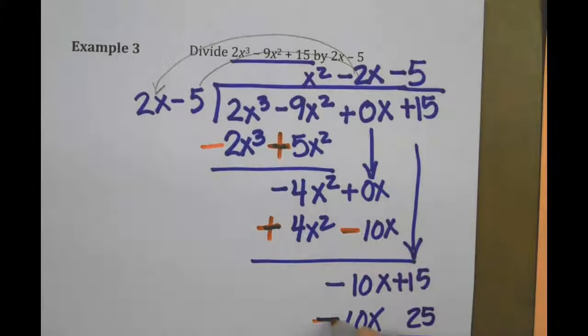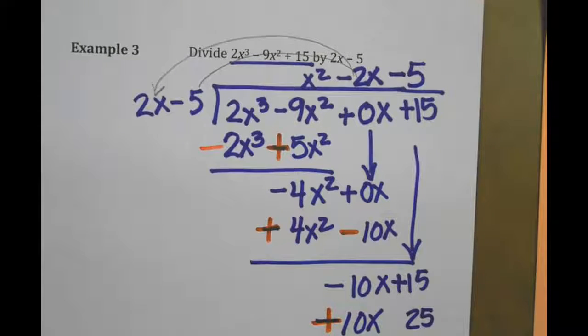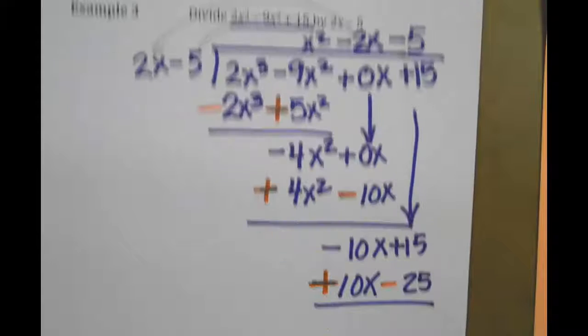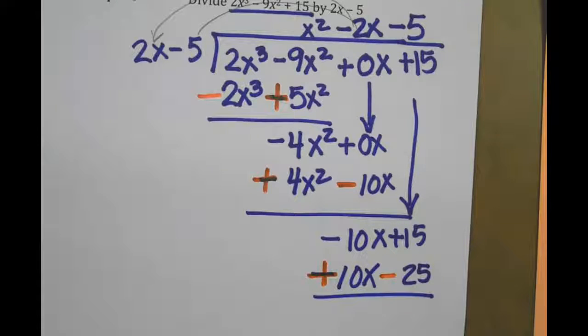To subtract a negative, minus a minus makes a positive. And then over here I need to subtract a 25. 15 subtract 25 has a remainder of negative 10. Which negative 10?